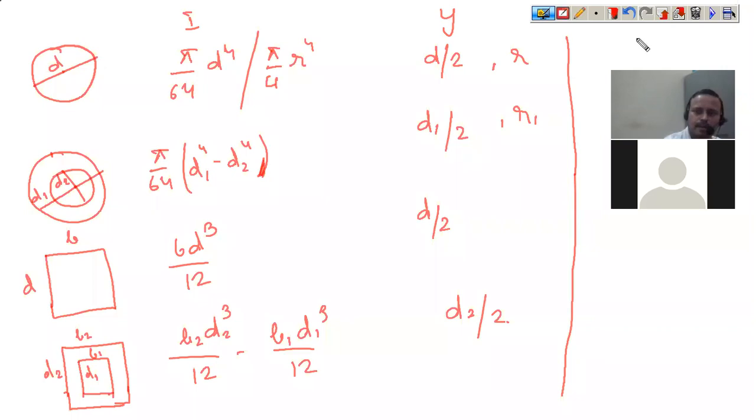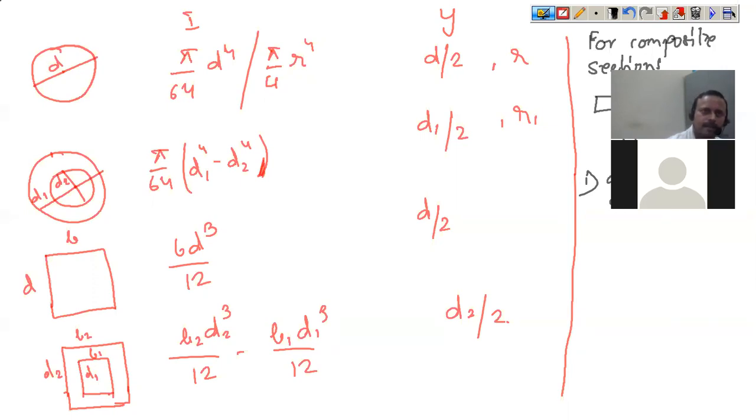Now this is for standard shapes. Now for composite bodies, for composite sections, like let us say if you have a section like this, the first step is to determine the centroid.